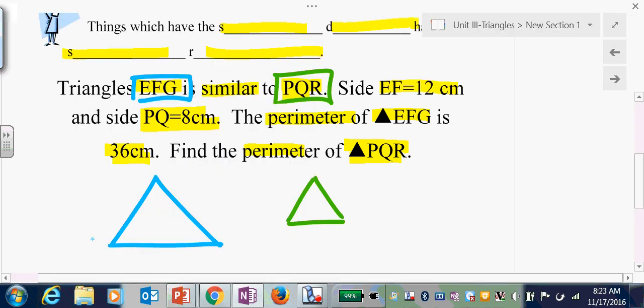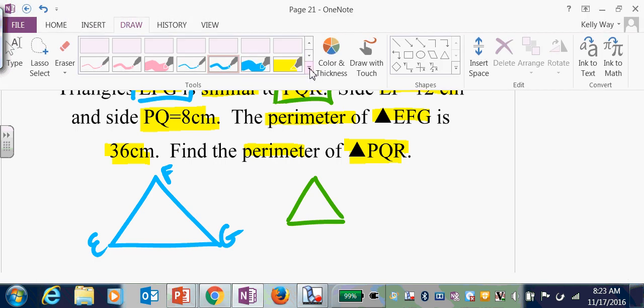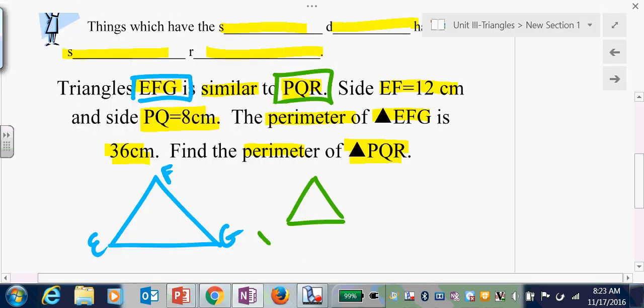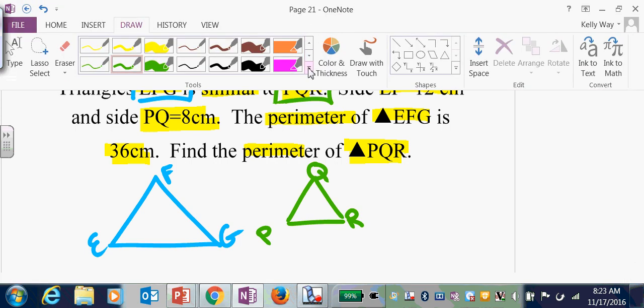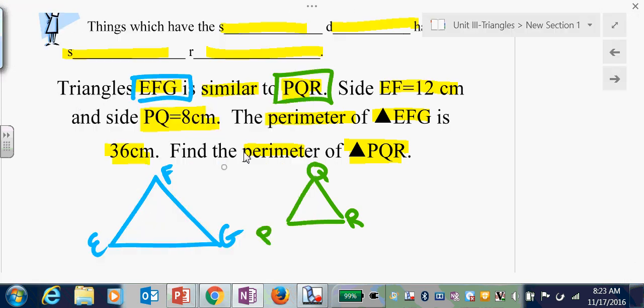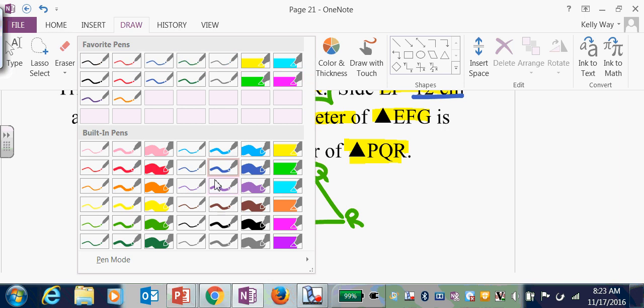So I have side E, F, and G, and then here I have P, Q, and R. Let's start labeling our stuff here. We know E to F is 12 centimeters. P to Q is 8 centimeters.